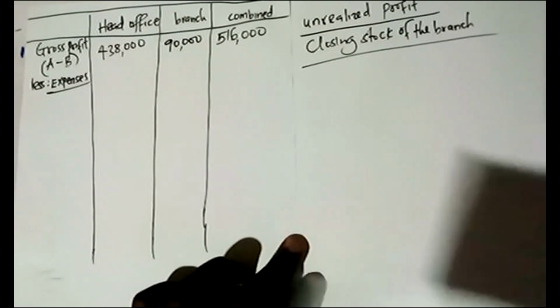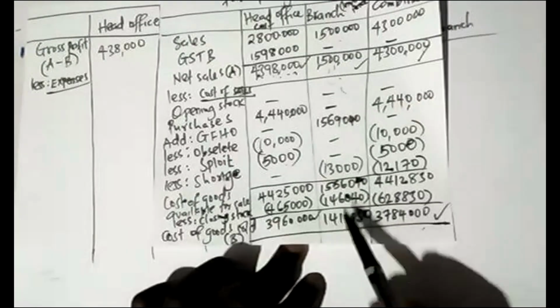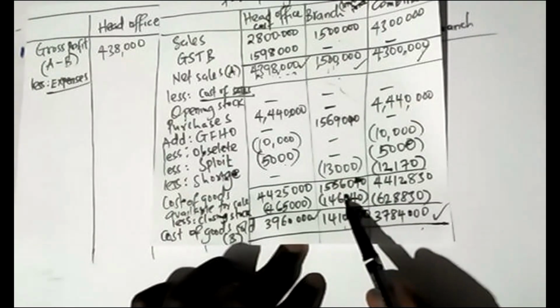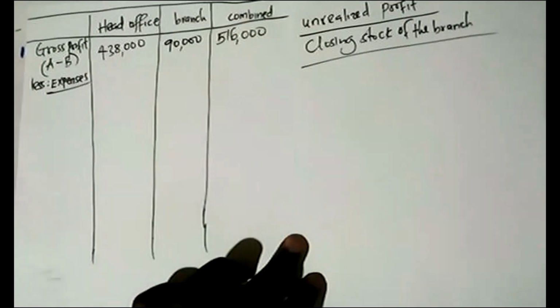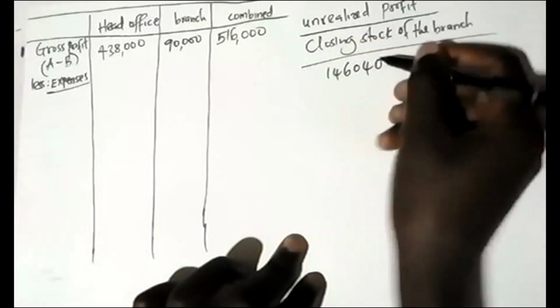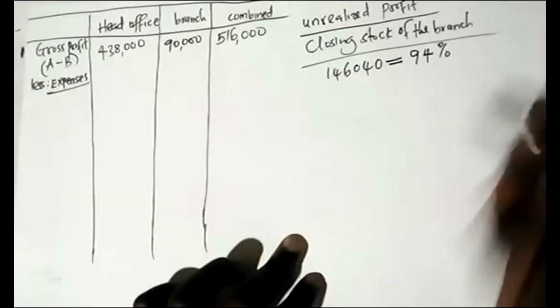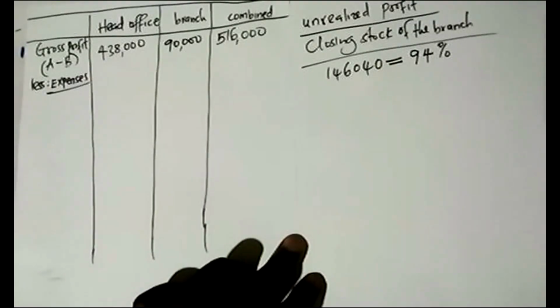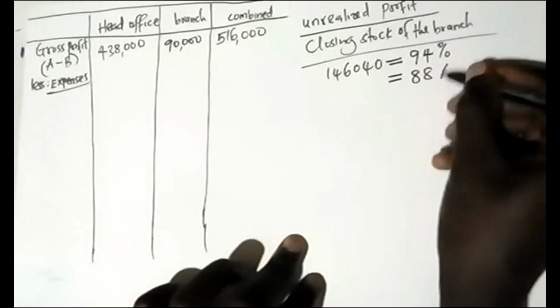So this closing stock, you can see there we have a closing stock of 146,040. This 146,040 was from the head office and it was received at 94%, which includes cost plus profit. So that is at invoice price.